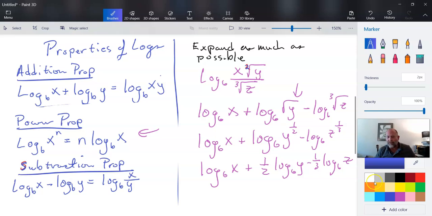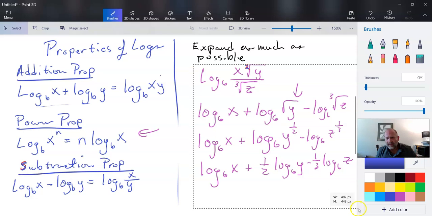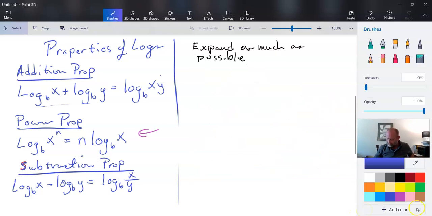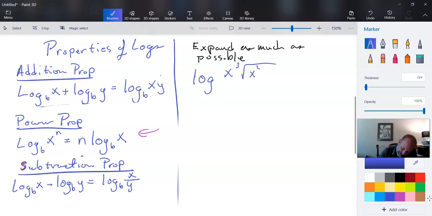Okay, so let's ramp it up a little bit more, right? And see what else we can get out of this. Let's do that. Okay, so let's have a lot of fun with this one. So let's look at the log of x cubed times the square root of x squared plus 12.